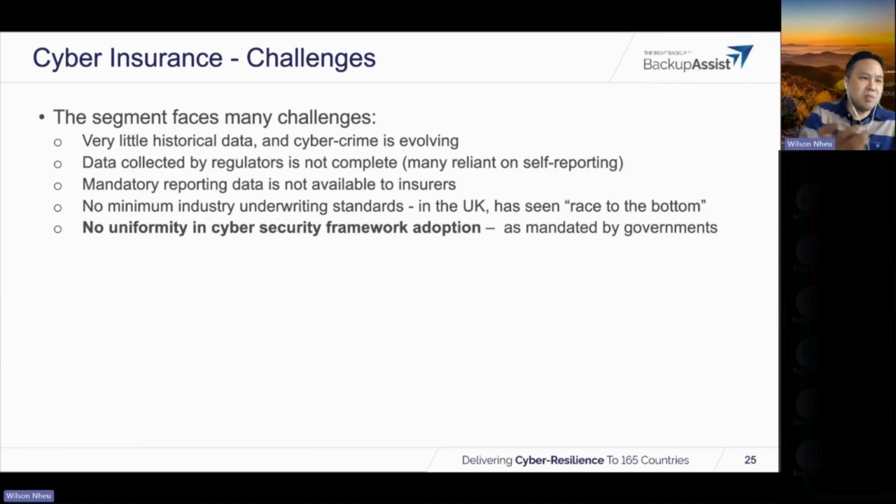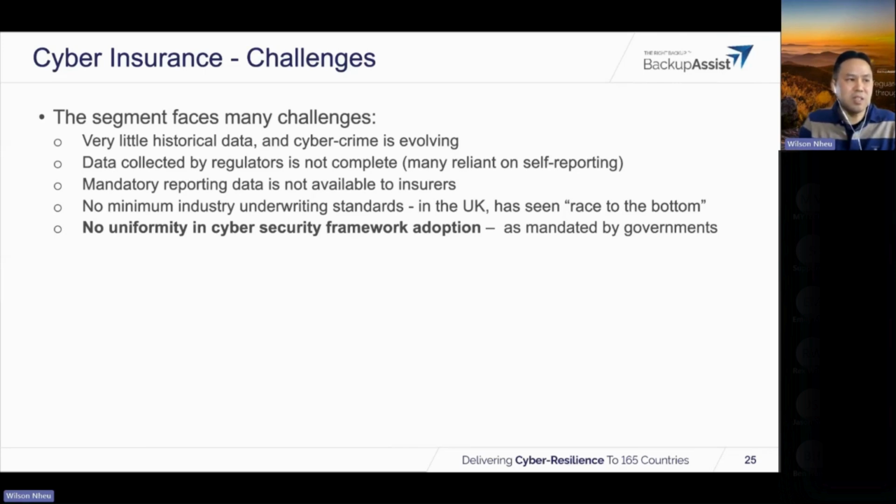For example, with privacy breaches, there are in Australia mandatory reporting requirements, but with those data, the insurers are not able to use them.